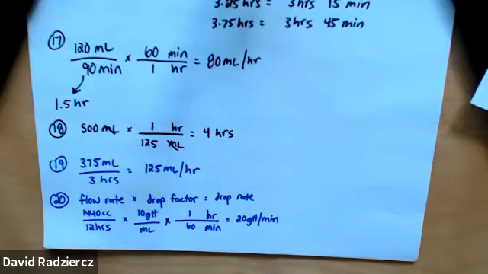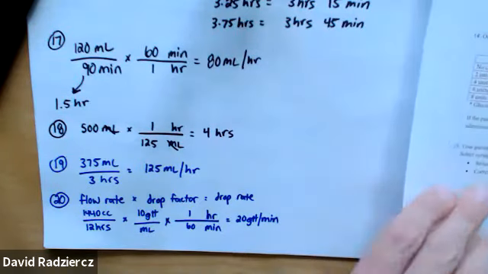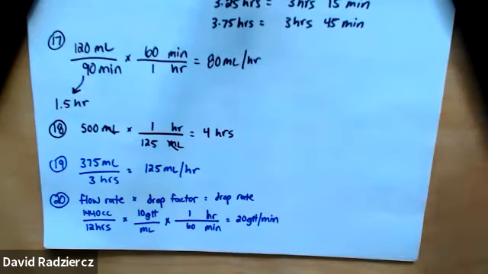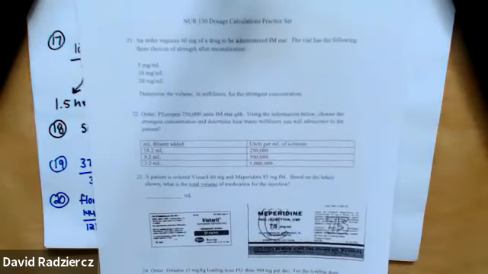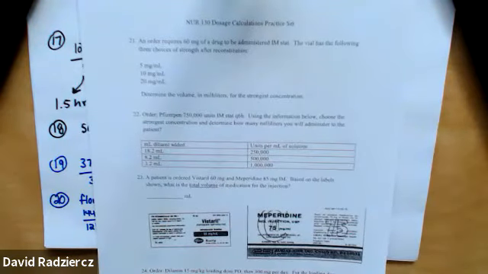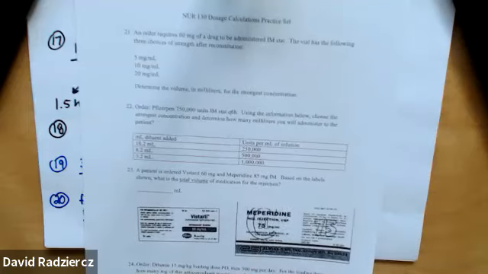Okay, so 21. Once I find it here. So 21 says that an order requires 60 milligrams of a drug to be administered intramuscularly stat.